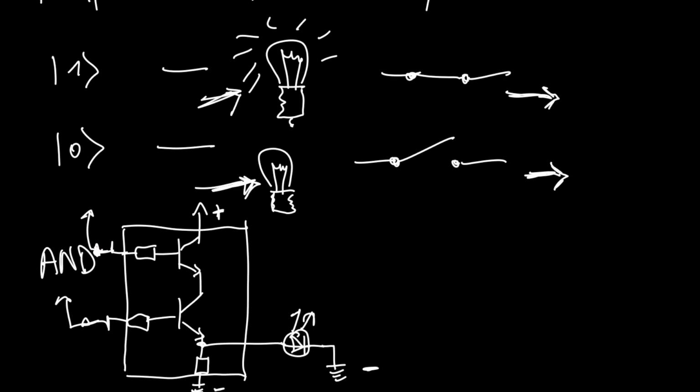We can then combine those gates and do computation. This is actually how our computers work, but of course we're not using basic transistors. We're using some really small things, but they are in principle working as transistors.